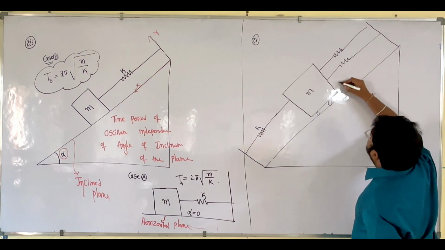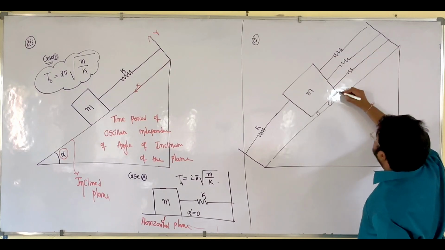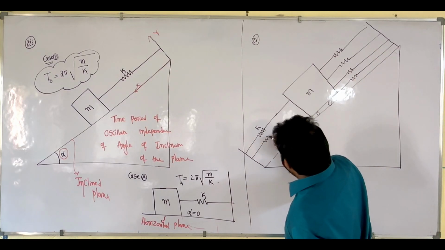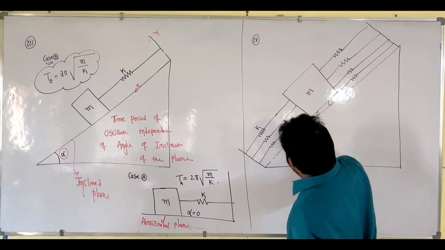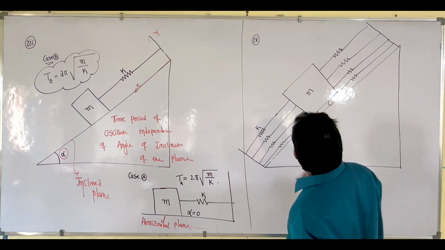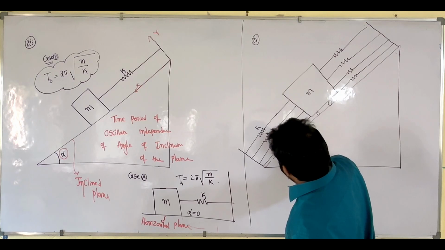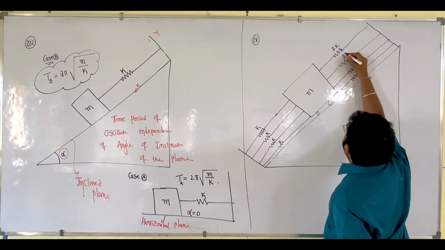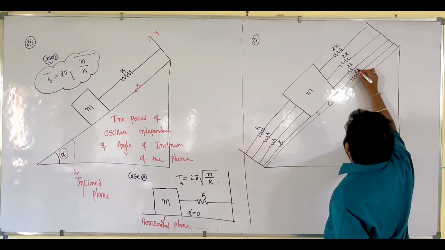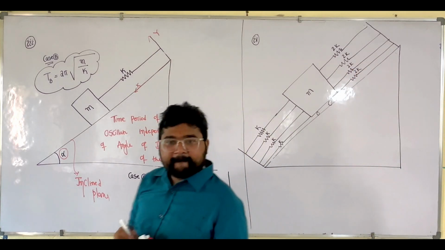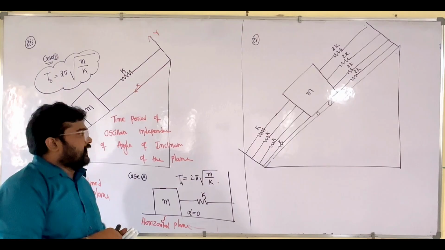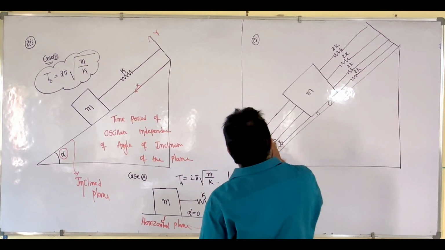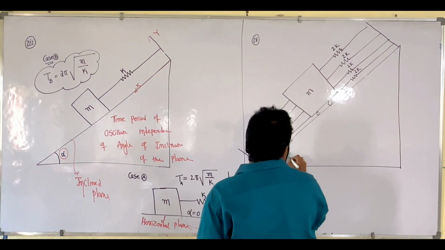Here to here: K, K, K, and 2K, 2K, 2K. Total 8K, 12K. What is the time period? It is independent of alpha.